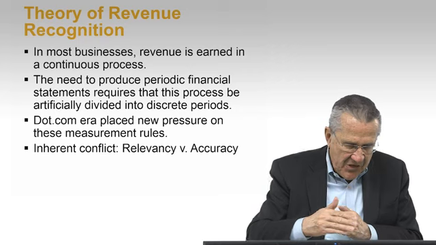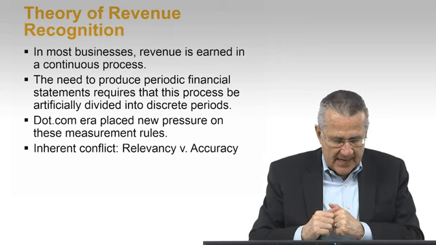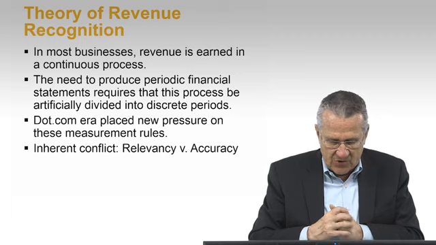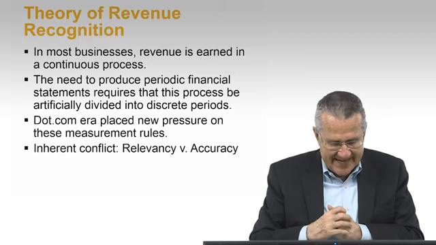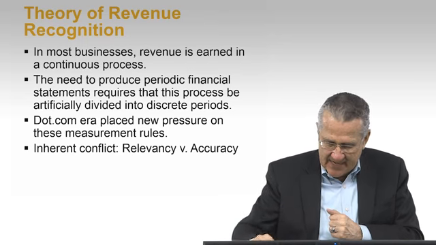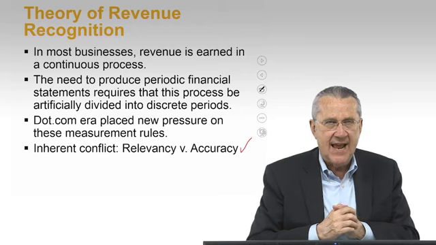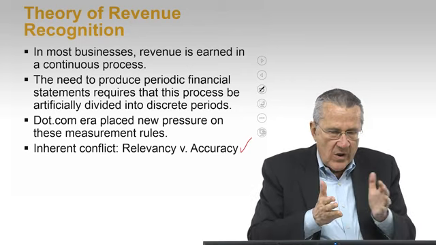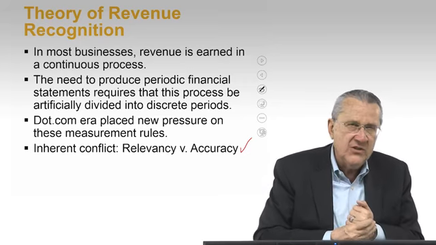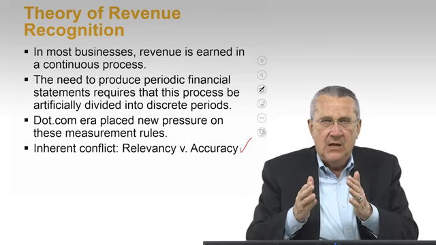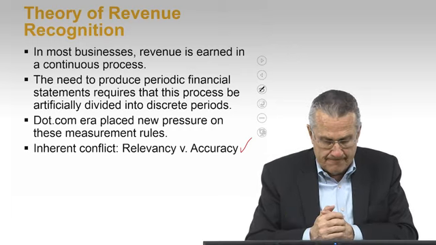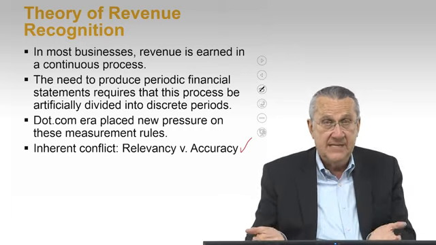Okay, now the theory of revenue recognition begins its critical interest here, in this conflict between relevancy and accuracy. Do we want relevant information in our financial statements, or accuracy? The truth of the matter is that we'd like to have both.